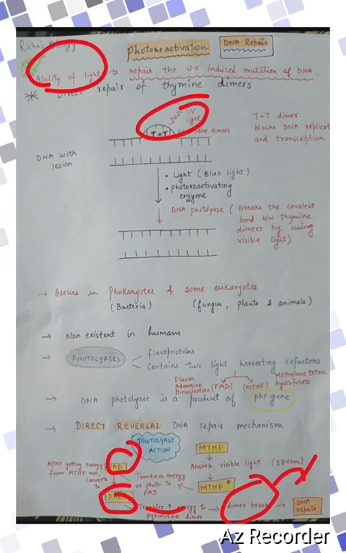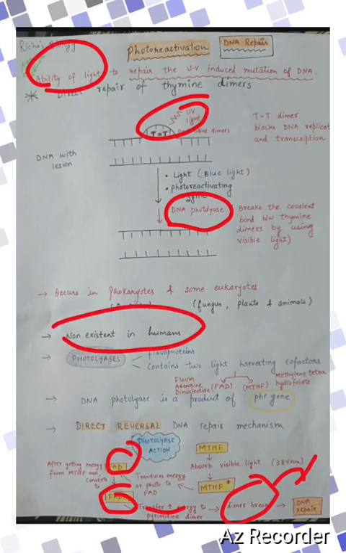The enzyme responsible here is DNA photolyase, you have to remember. Third, it is non-existent in humans. Fourth, it is a product of the PHR gene and consists of two light-harvesting complexes, FAD and MTHF. And how it works, you have to remember this. So that is the simple one.